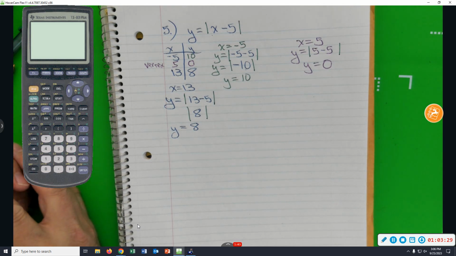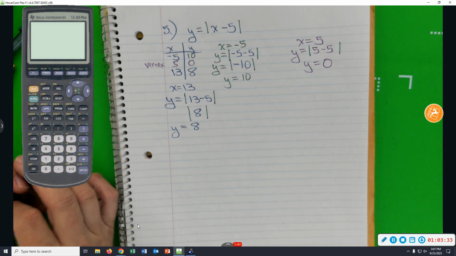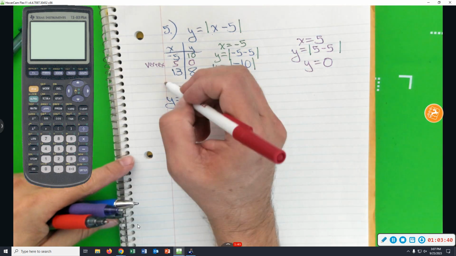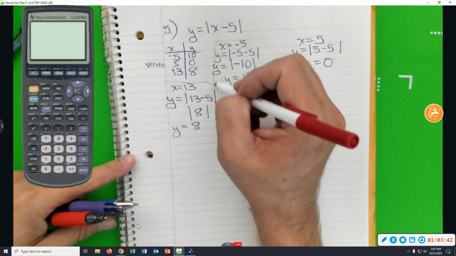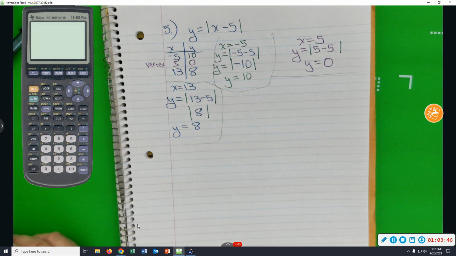So we have 3 ordered pairs. We're only going to have to use 2 of them with this new graphing tool. Everyone written this stuff down? Here's where I plugged in 13, there's where I plugged in -5, and there's where I plugged in +5.